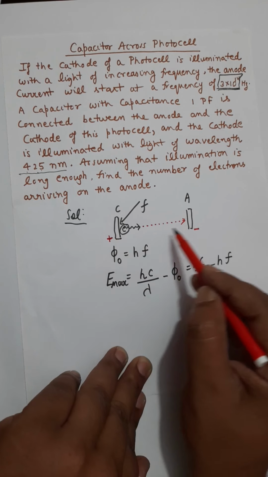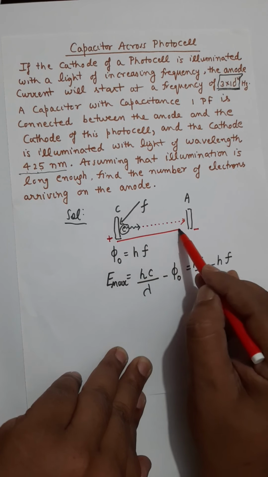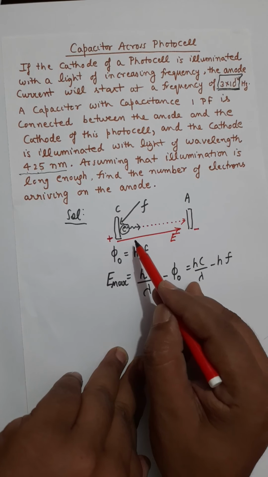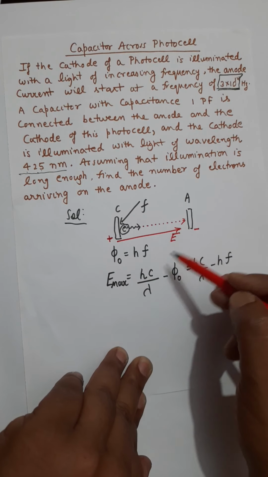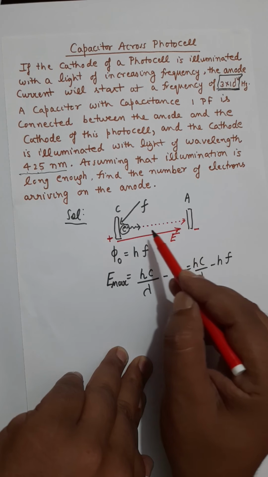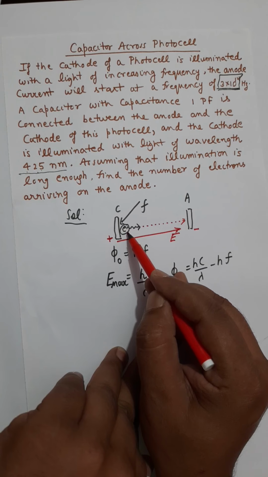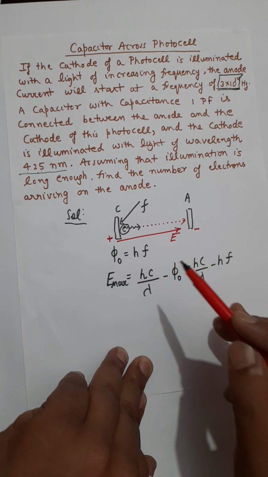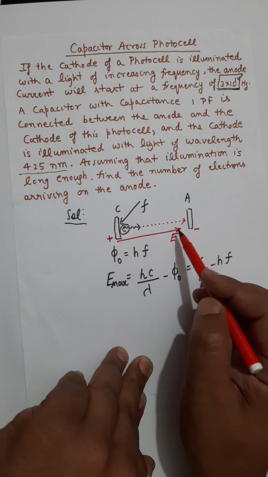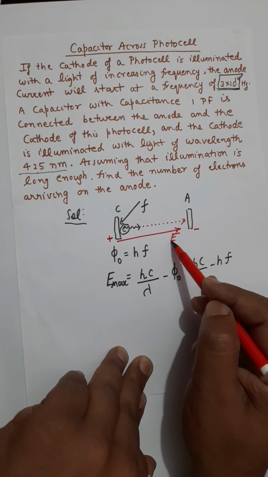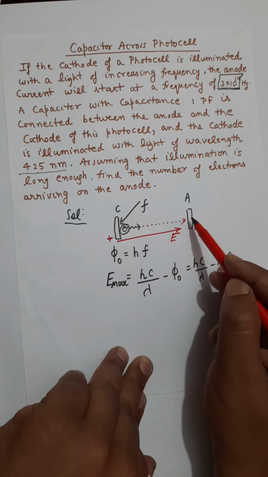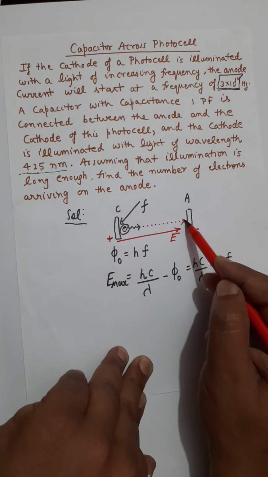Because of the positive and negative charge, an electric field is set up between the cathode and anode, and this electric field starts to oppose the motion of electrons. This electric field retards these electrons, and at a certain moment, the electric field is so strong that the fastest electron stops just before the anode.